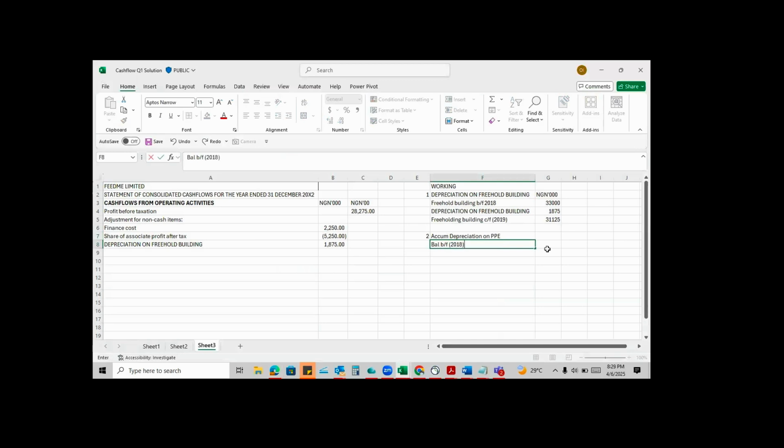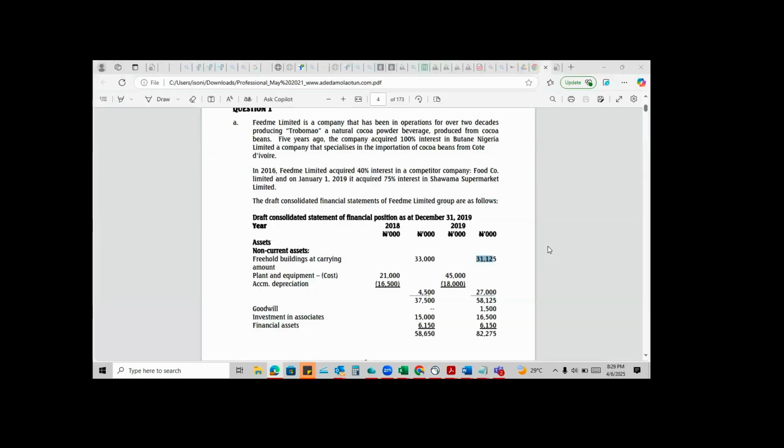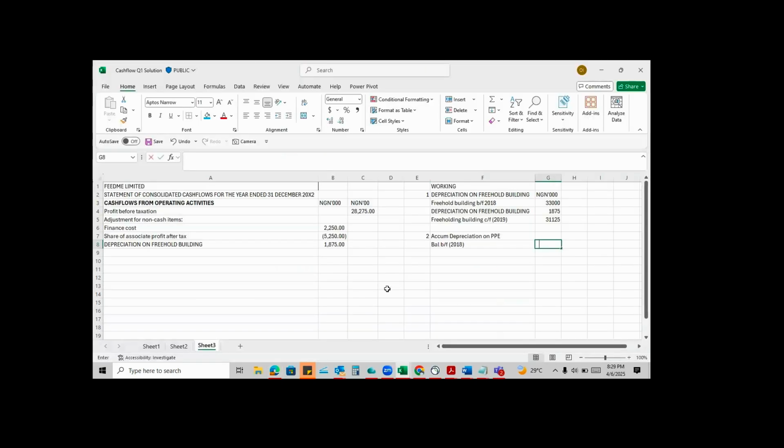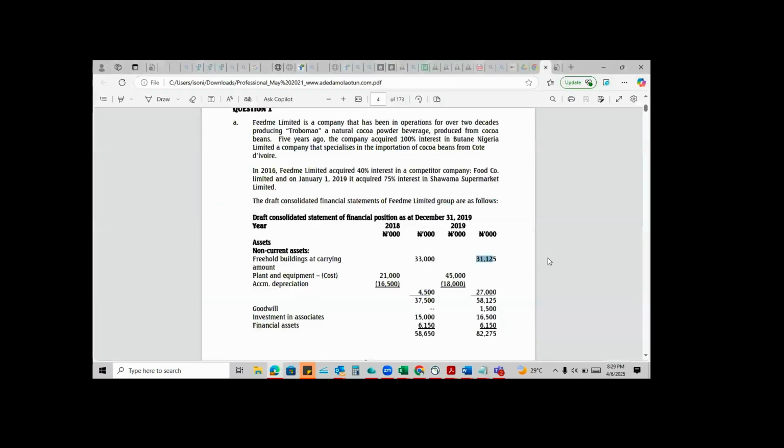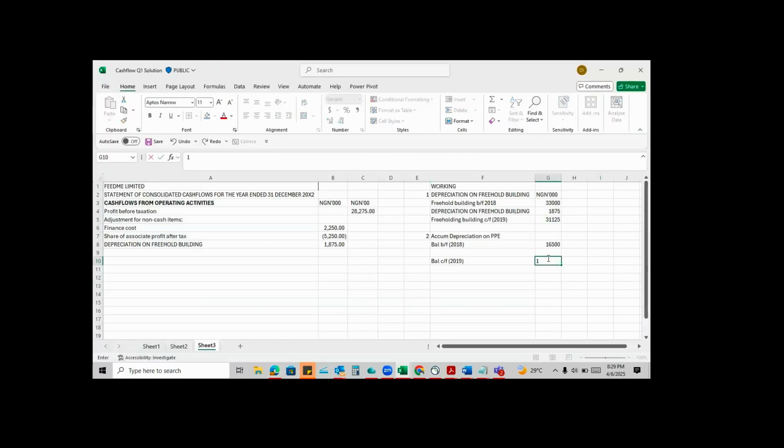The balance that was brought forward was 16,500. Now the balance carried forward in 2019 was 18,000.